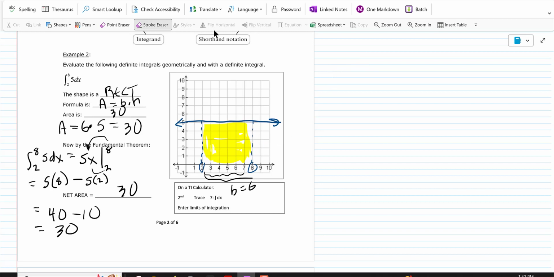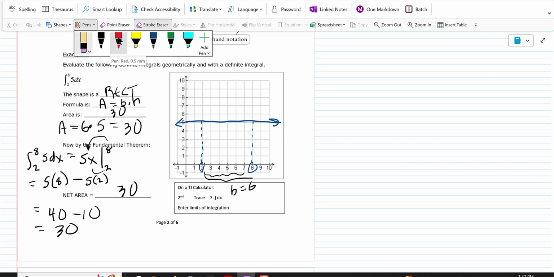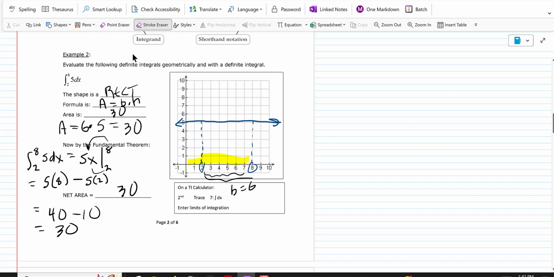Now I want to show you the significance of these numbers, that 40 and 10, and what they really mean. You don't necessarily need to write this down. That 40 comes from this entire area right here. Isn't the area of that yellow rectangle 8 times 5, or 40?